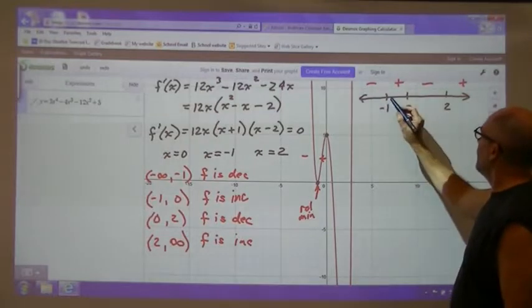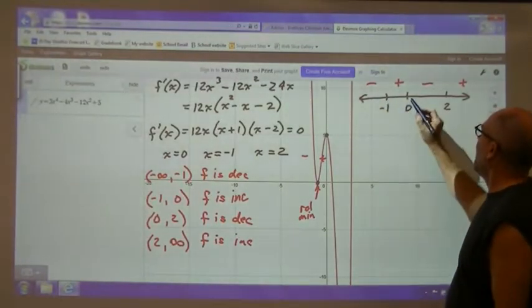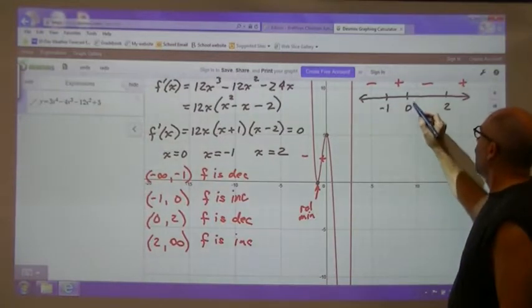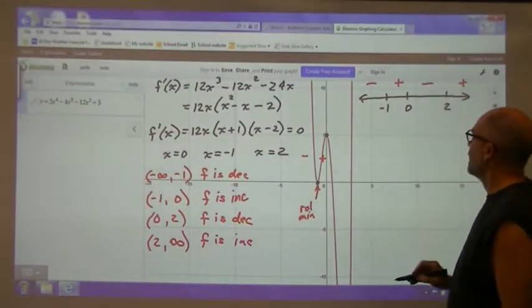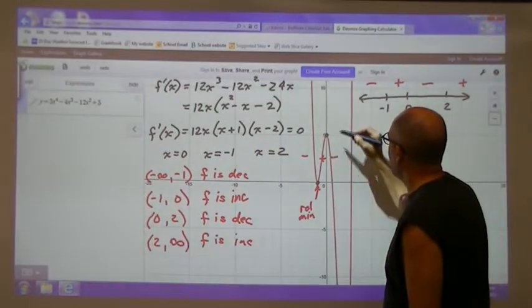At x equals 0, we're going from positive to negative.